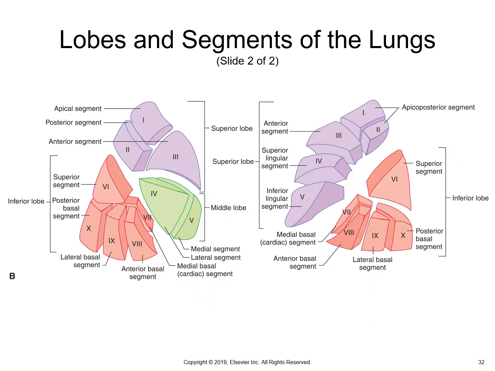All right, we're still looking at the lobes and also the segments of the lungs. This is a little bit more of a detailed breakdown so that we can see the bronchopulmonary segments that each lung has. So again, each lung lobe is divided into its own independent functional units called bronchopulmonary segments.